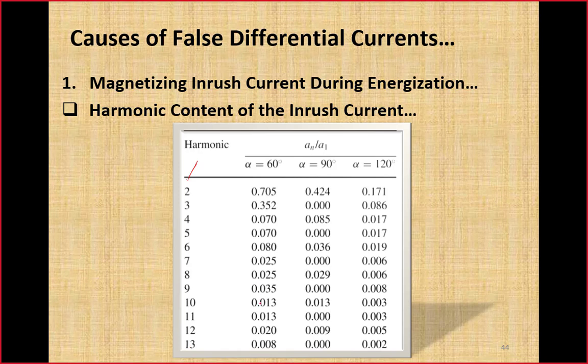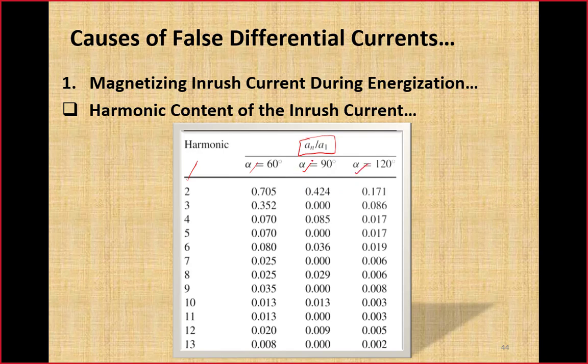The next three columns give the magnitude of these harmonic components with respect to the fundamental by calculating the ratio An over A1, the harmonic magnitude with respect to the fundamental component, at three different values of angle of saturation: alpha is equal to 60, 90, and 120 degrees.